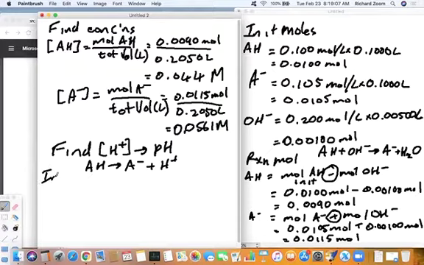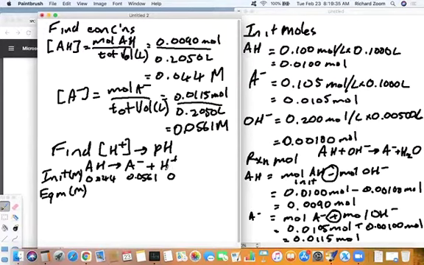We have the initial concentrations and we're looking for the equilibrium concentrations, especially the equilibrium concentration of the H plus. Now the initials are going to be what we just calculated here. For the AH, it's 0.044. For the A minus, 0.0561 molar. And the H plus here is 0.